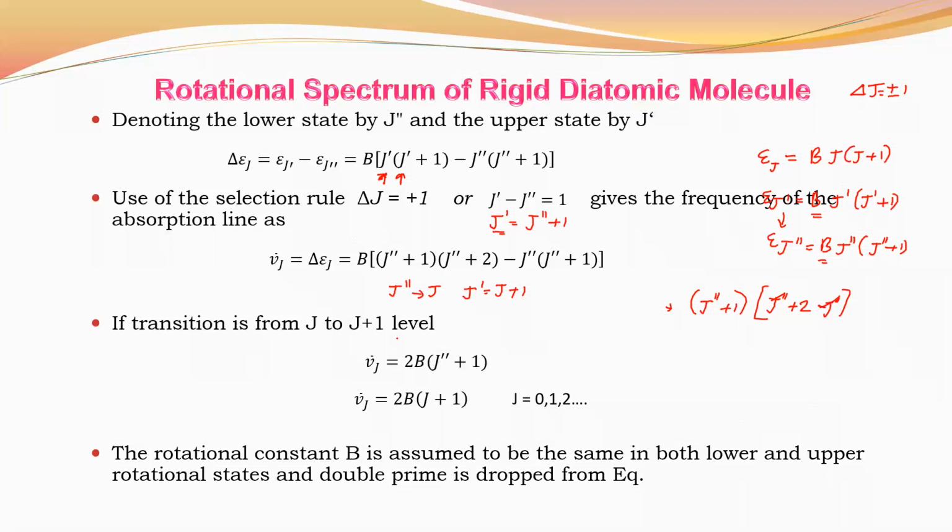The double prime is dropped from the equation, and we write nu J bar is equal to 2B into J plus 1, where J is equal to 0, 1, 2, 3, etc.